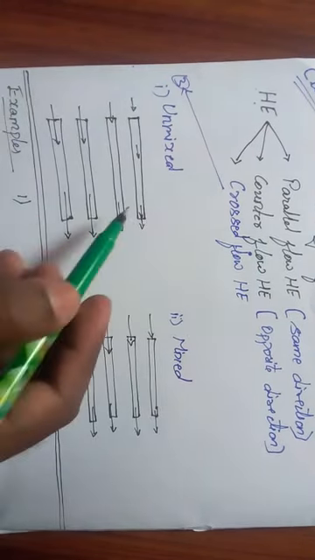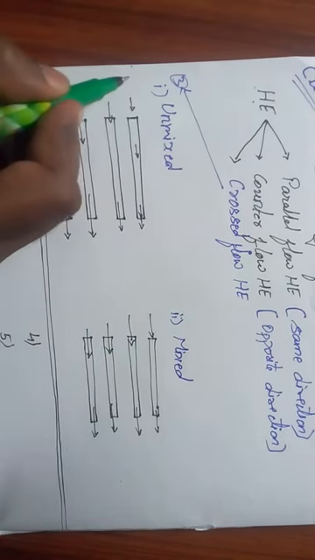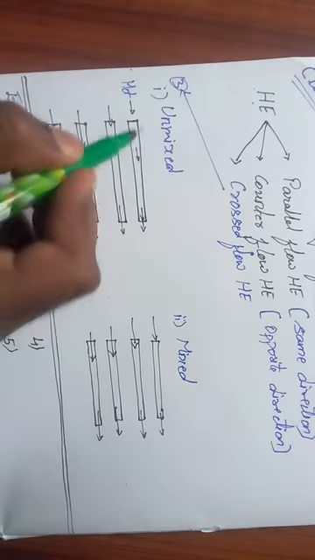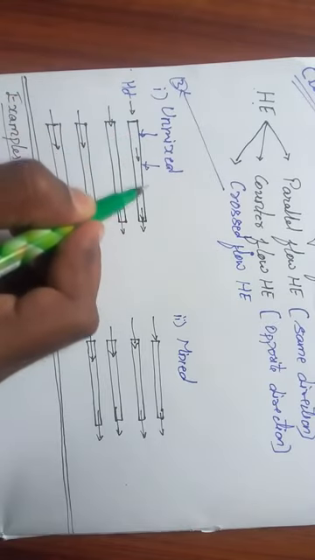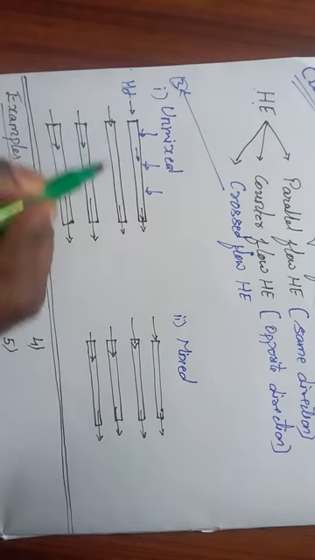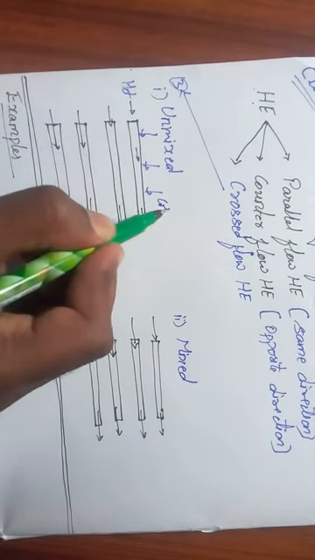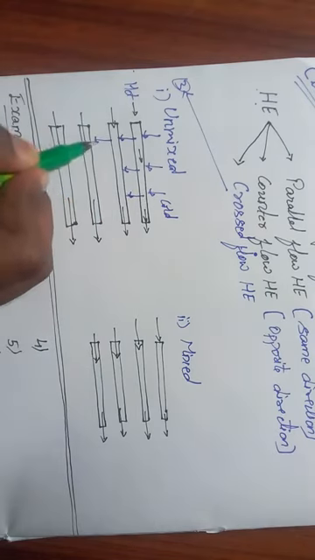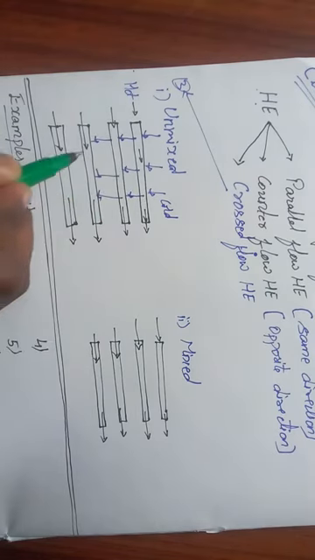That means if we have a number of tubes through which hot fluid is flowing, I can pass the cold fluid in the direction perpendicular to the direction of the hot fluid. So this will be the cold fluid, and this flow direction is exactly perpendicular to that hot fluid direction.